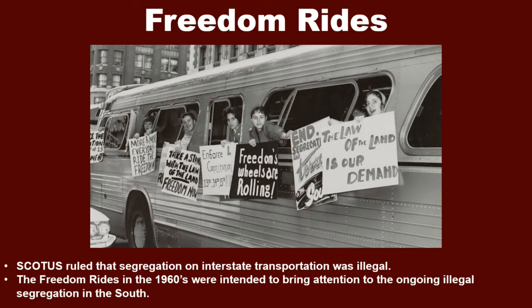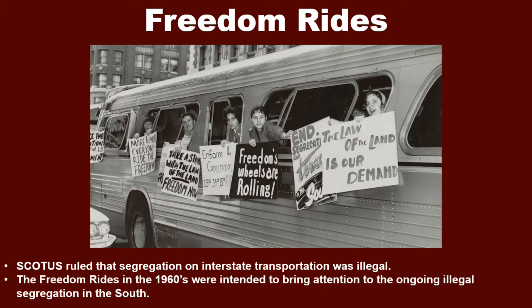All right, during the same time period, we have freedom rides. So the Supreme Court, SCOTUS, ruled that interstate transportation could not be segregated. So if you were riding a bus from one state to the other, they were integrated. There wasn't African Americans having to ride on a different bus.